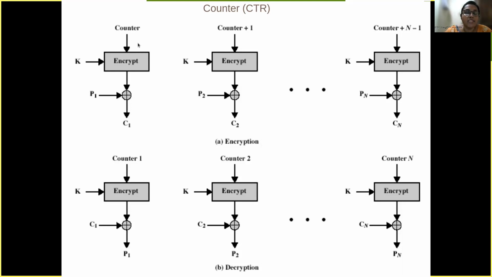Once this counter value is known, then counter +1, +2, +3 can be done, and this section can be done previously, and then just XOR the plain text with that particular encryption to give the ciphertext.